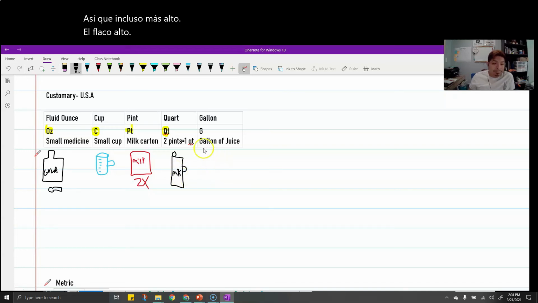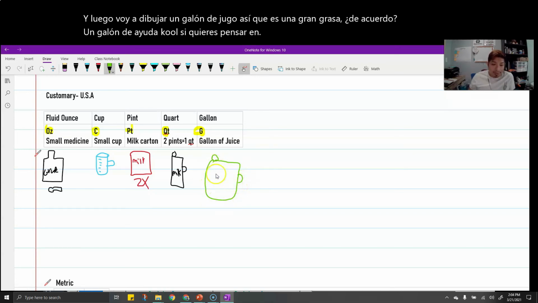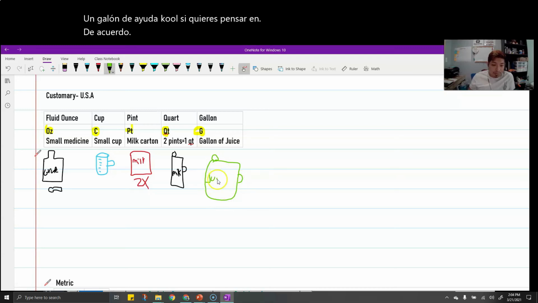And then for gallon it's just G. And I'm gonna draw a gallon of juice, so it's a big fat one, okay? A gallon of Kool-Aid, if you want to think of that. Or a gallon of glue, like I showed you. So this is what the customary units look like.